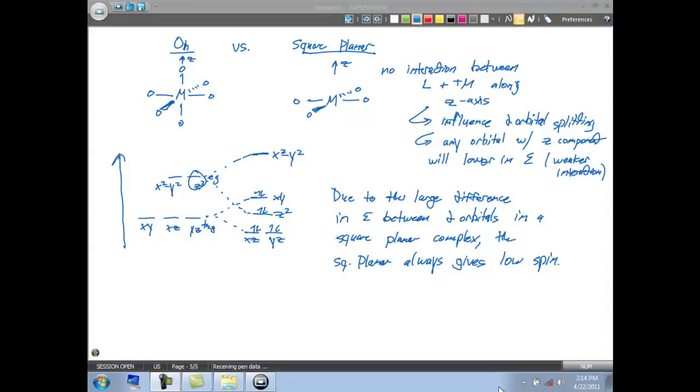And ultimately, a transition metal complex is going to pick a shape that gives the lowest overall energy. And we find that this happens when we put a d8 transition metal complex with something else that can cause large splitting in energy. That something else is either a strong field ligand or a 4d or a 5d transition metal.